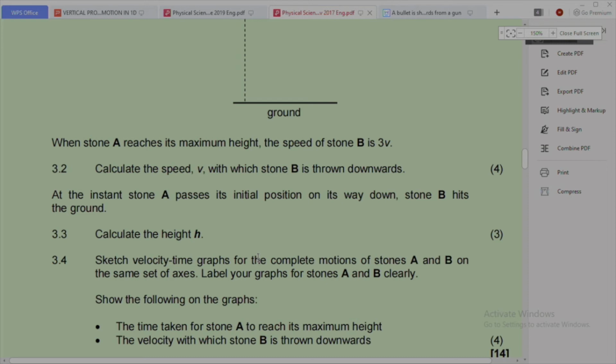Now they want us to calculate what? The height, right? What do we know about stone A and stone B? Now let's understand the question first. At an instant stone A passes its initial position on its way down, stone B hits the ground. So let me just try to illustrate that for you.